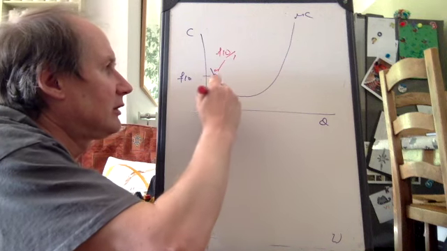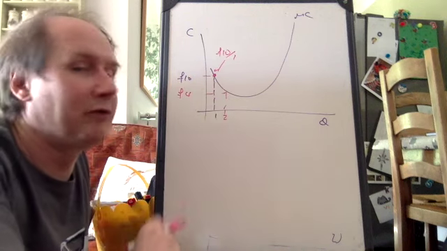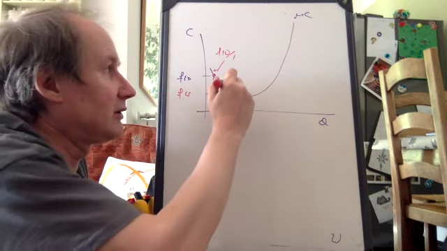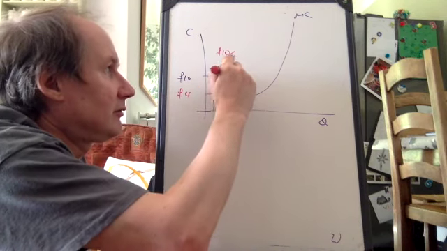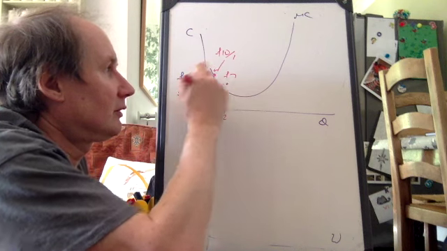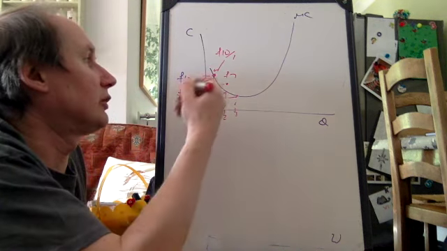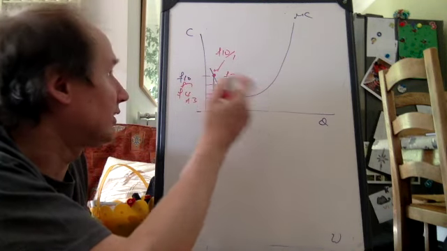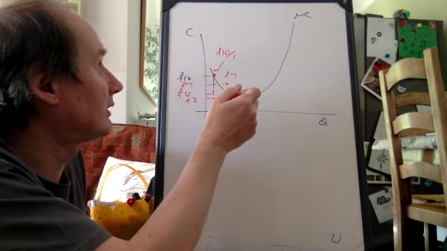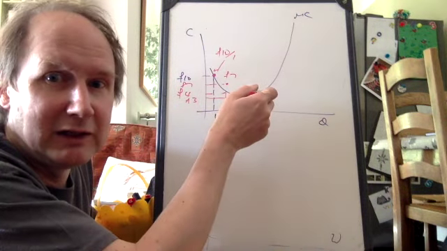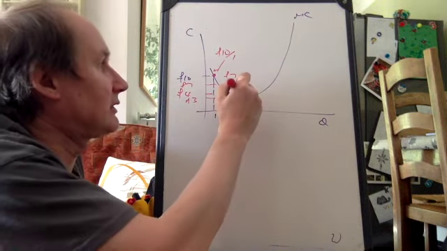If I make a second unit, the marginal cost of that unit looks like about £4. So my average variable cost is 10 plus 4 divided by 2. That's 7. If I make a third unit that costs, say, 3, it's 10 plus 4 plus 3, which is 17, divided by 3, is about 6.